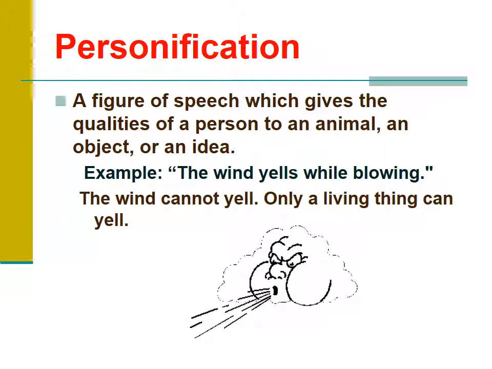Personification. In a personification, we essentially assign a human characteristic to an animal or an object or an idea or anything, really. Whenever a writer assigns human actions to other objects, you can say that the writer is using a personification.